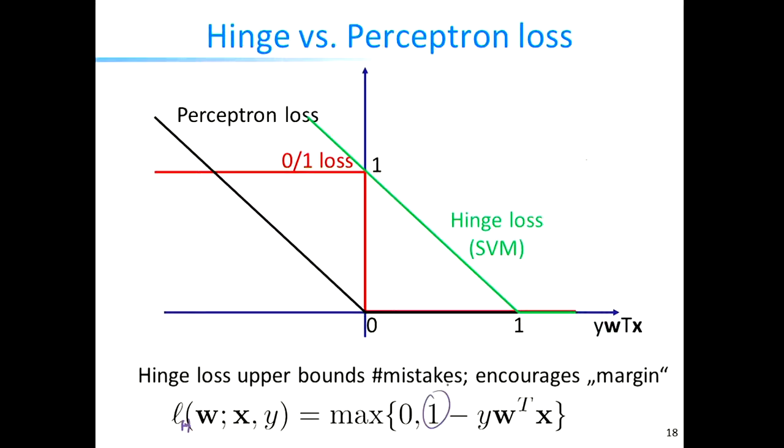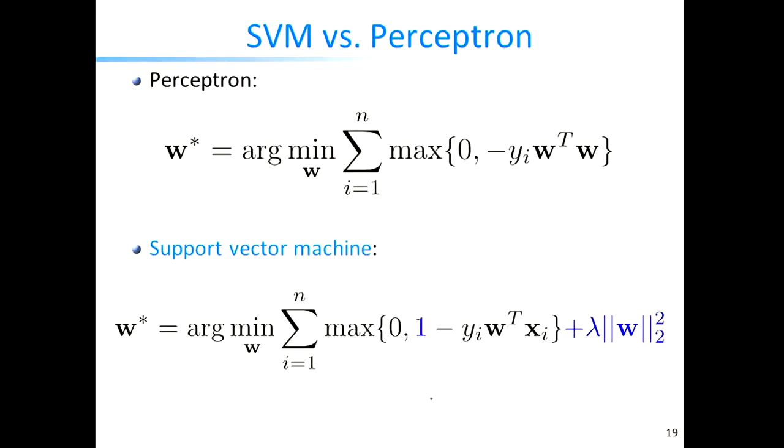So it's not just enough to add this 1 here to encourage this distance, but at the same time, we also have to try to keep the weight small. Okay? And this yields this optimization problem here. And that's the linear support vector machine optimization problem.